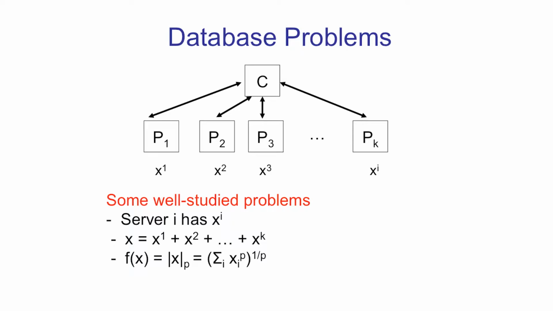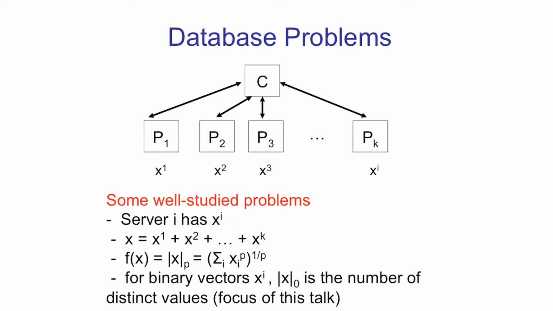So the sum of pth powers of the coordinates of x, to the 1/p, interpreting 0 to the 0 as 0 and non-zero to the 0 as 1. When p is 0, we can define this to be the number of non-zero coordinates of your vector x.